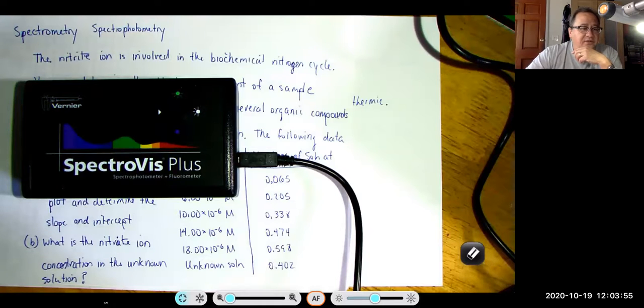But what I'm going to do here is open up this spectral analysis software that I have. Now you can't see what's happening right now, but I'm going to show that to you in just a moment.